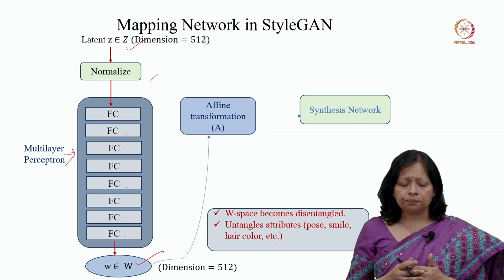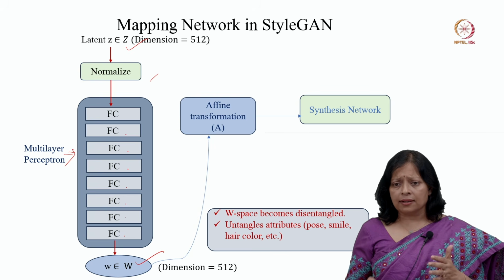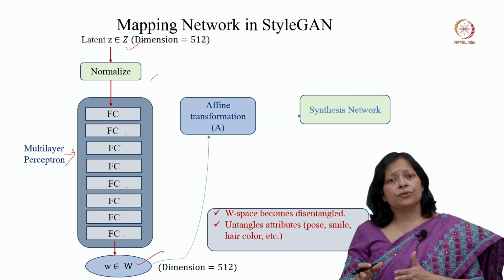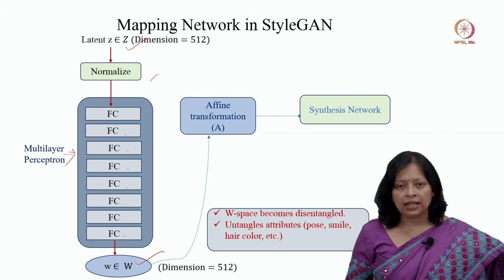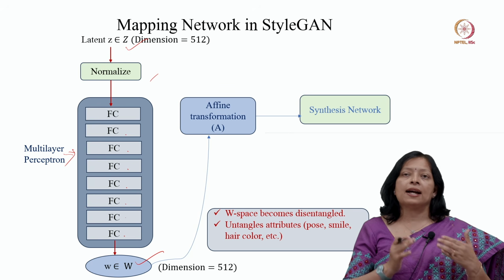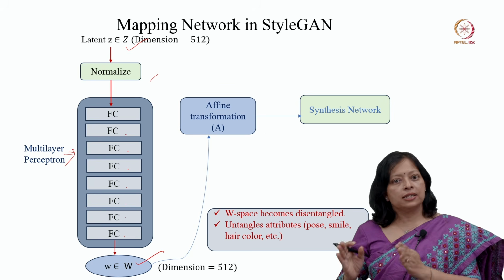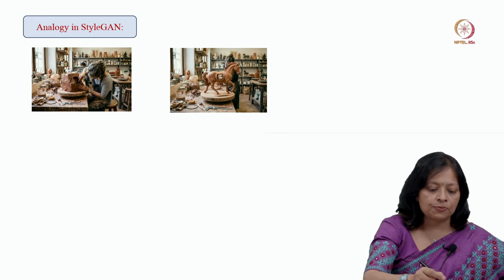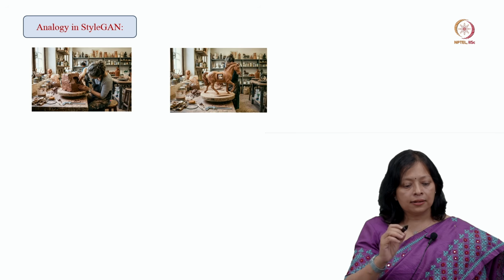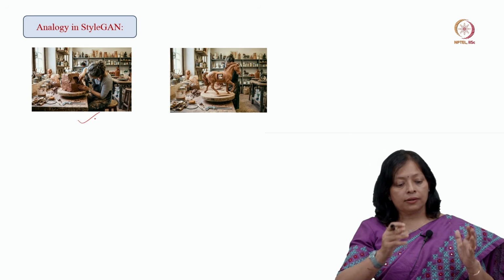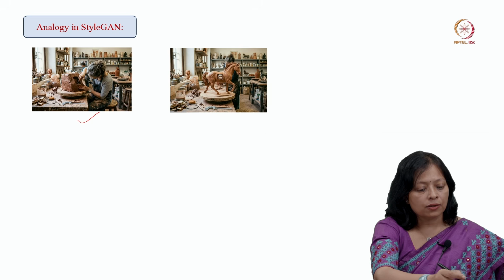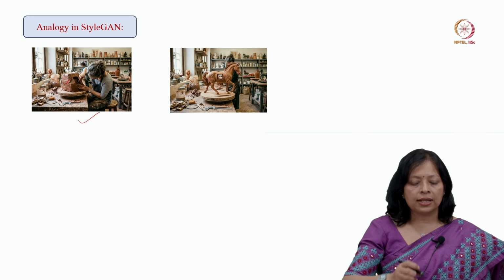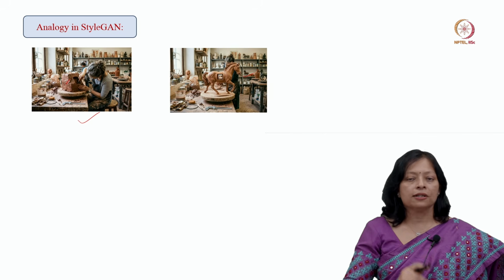Now, as I was telling, in traditional GANs we have Z directly going to the generator and the image generation starts from there. But in StyleGAN it starts from a learned constant tensor. What exactly do I mean by that? Suppose I have a sculpture artist, and this is day 1 where the artist has started with a clay block, and the final output that she has sculpted out is this horse.